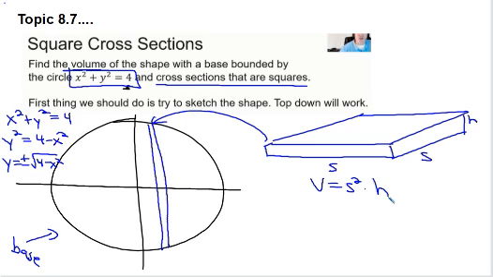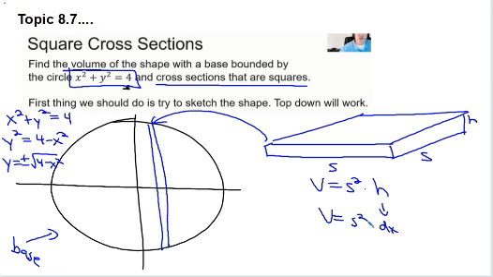Now we're going to cut a whole bunch of Scrabble pieces and make them infinitesimally thin, which means the height is going to be dx. So we've got the volume is s squared dx.